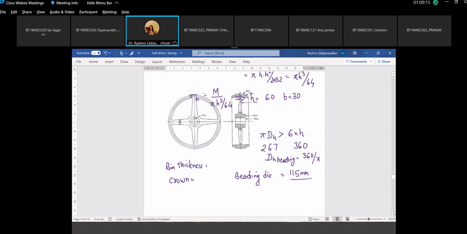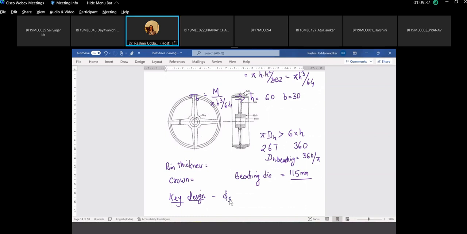There is one last point, that is the key. You can see here this key. How do you get the key dimensions? This key design depends upon the shaft design.